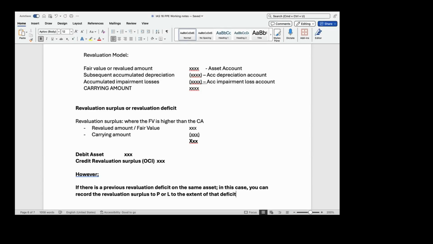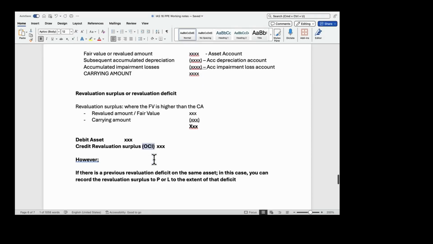We are saying that ordinarily, revaluation surplus should be recognized to OCI because it is an unrealized income. It should be a reserve. Keep it first, don't share it, keep it. But if there was a previous revaluation deficit on the same asset, because I will tell you very soon that because revaluation deficit is a loss, we would usually recognize it in P&L.